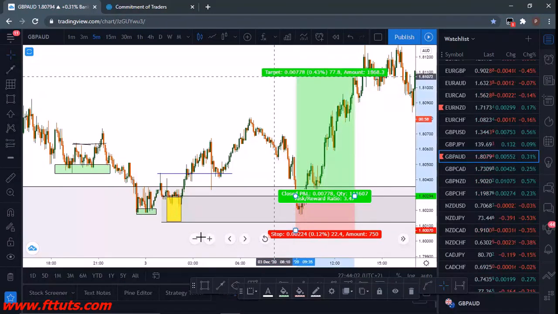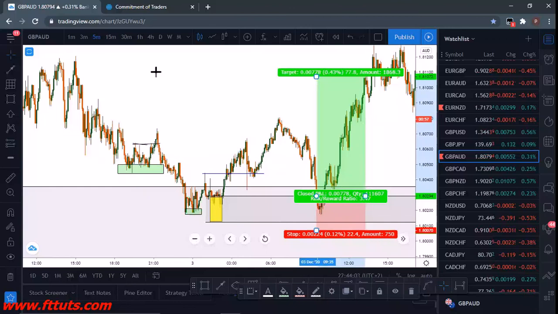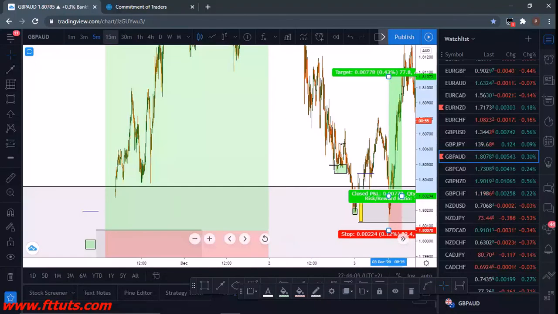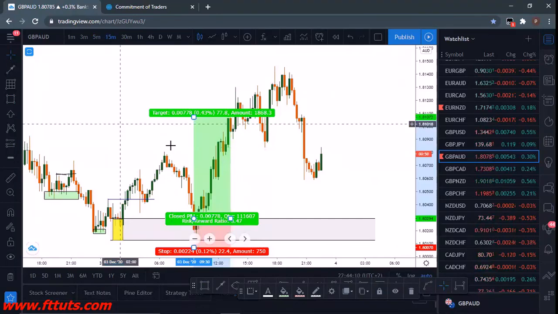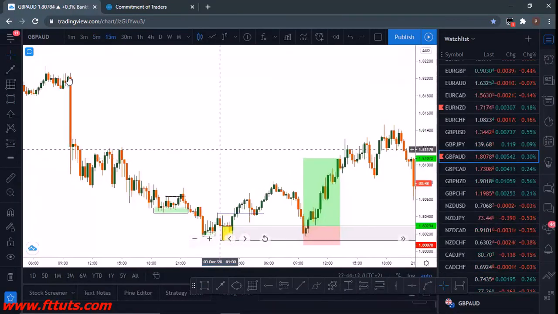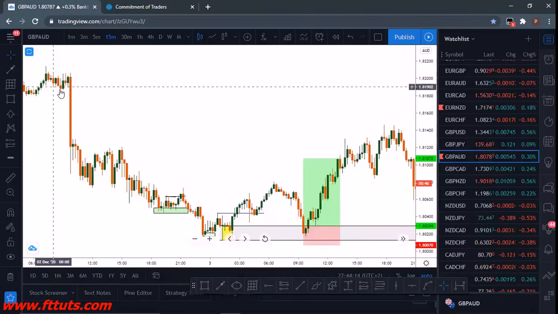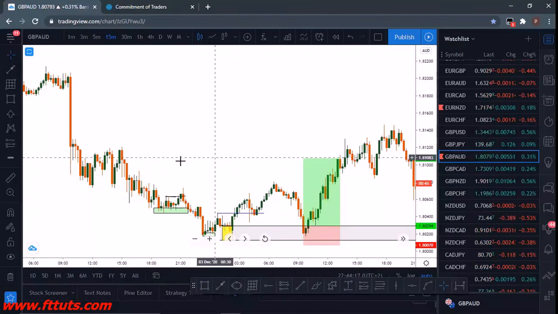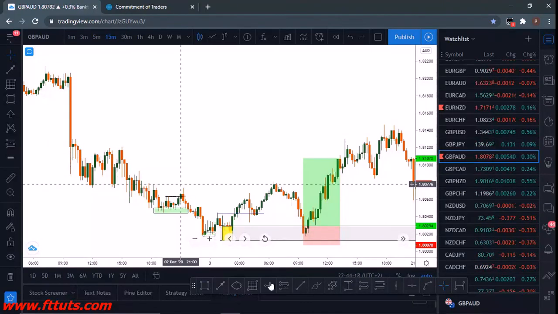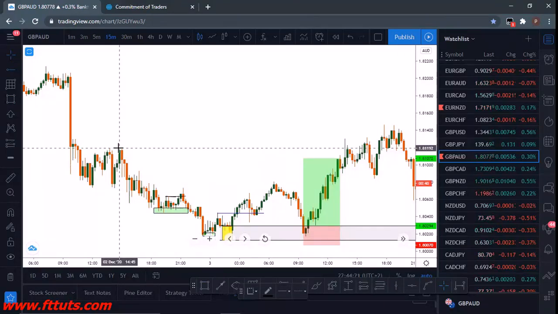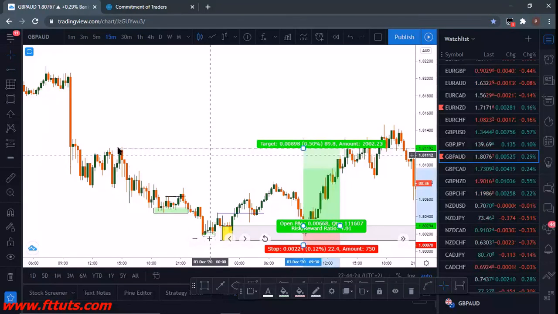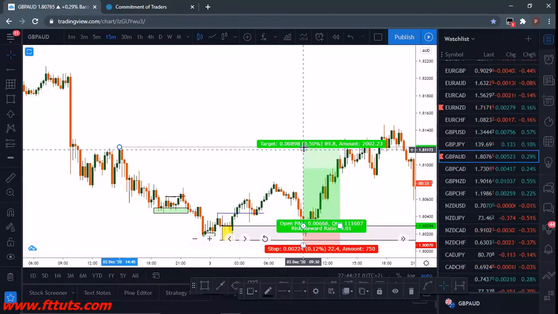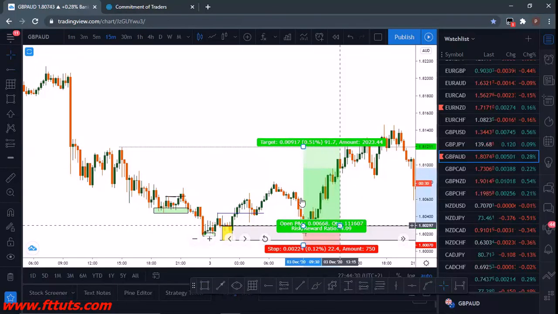And then for this one, there was this one big move I want to show you. See this sort of imbalance here, from here to here. I was like, okay, let me target these highs here. So I was like, let me at least target these highs, which was about 4%.